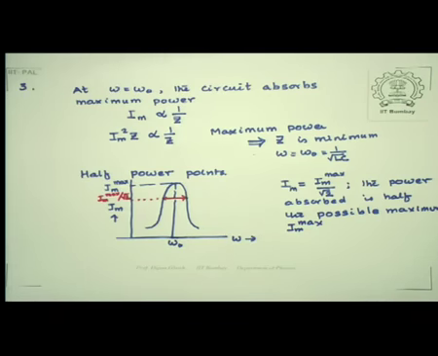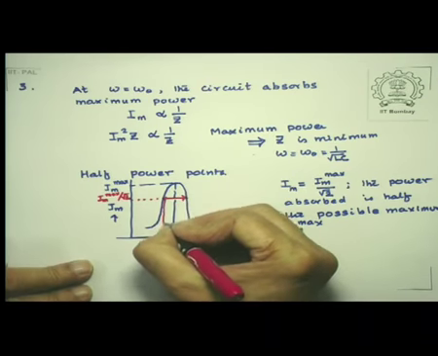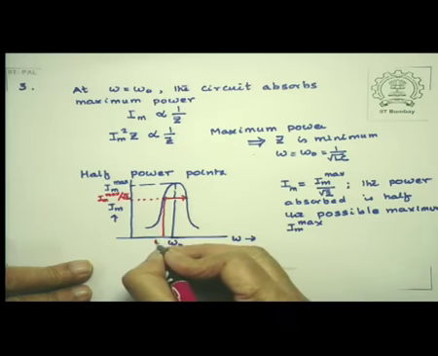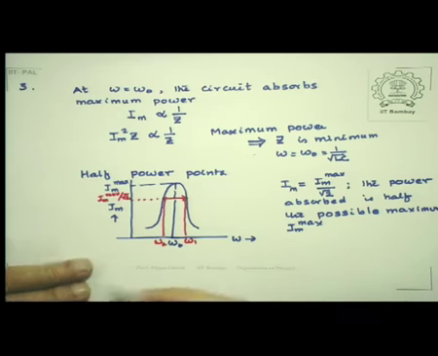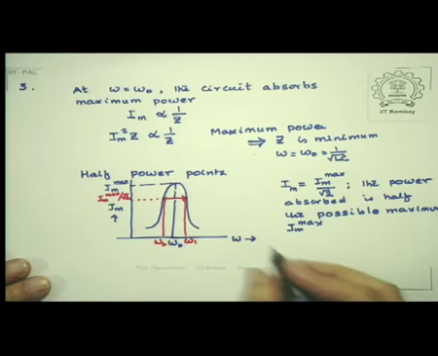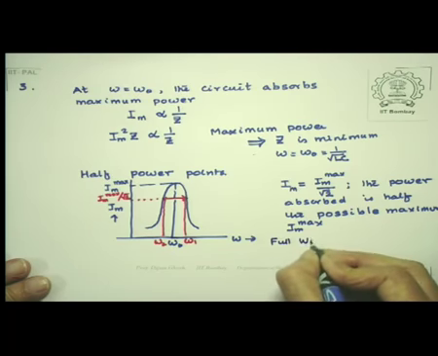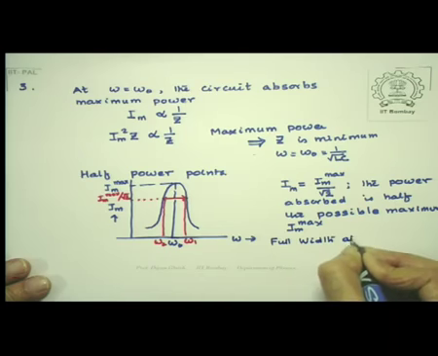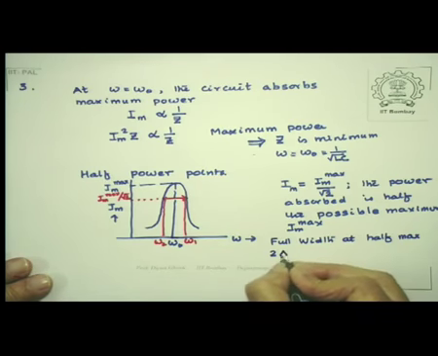So if you look at this value, we call it omega 2 and this one omega 1, let's say, then omega 1 minus omega 2, that is the width of the curve at half maximum, so full width at half maximum. I represent it as 2 delta omega.